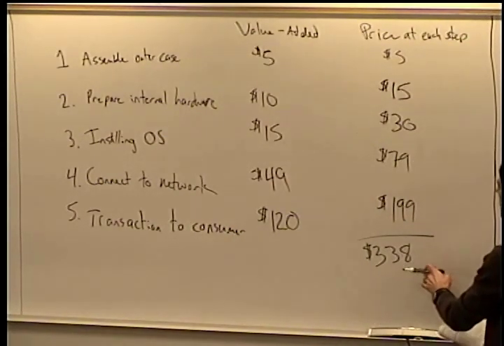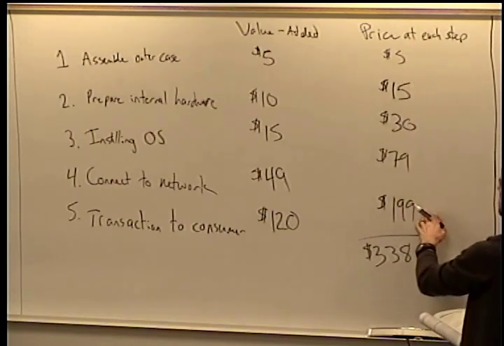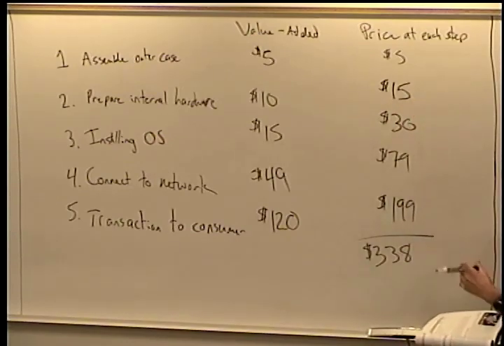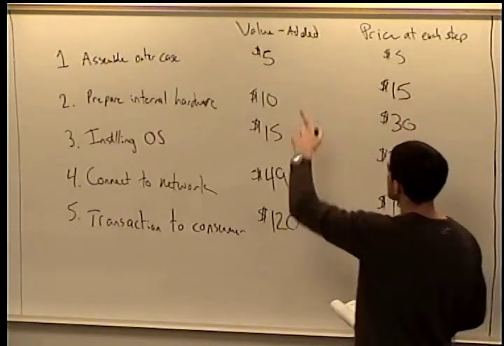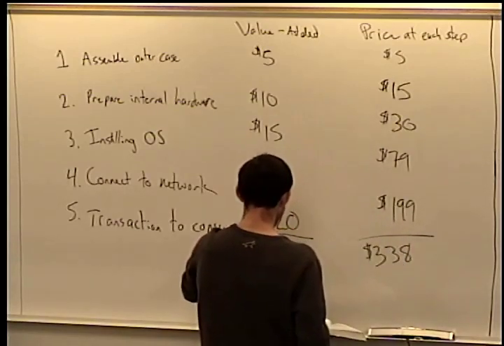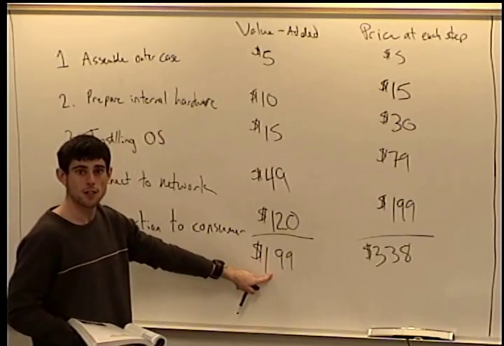This 338 includes the price of the case here, plus the price of the case here, plus the price of the case here, plus the price of the case there. But if we take the value added at each step, that gets us to $199. This is the price of the final good.